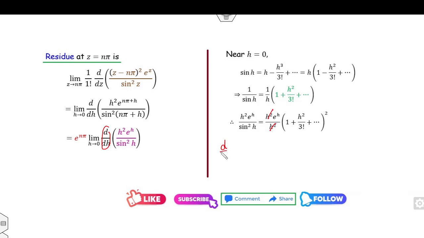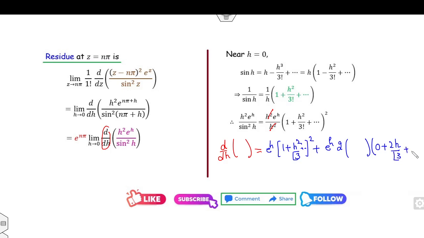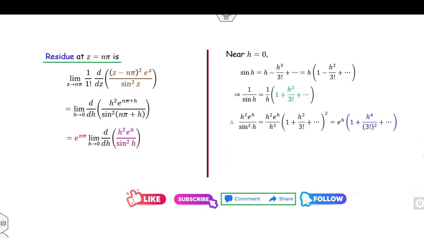Can you find the derivative of the function? I can use the product rule: first function e raised to power h as such, times the series, plus e raised to power h times the derivative of this part, which is 0 plus 2h over 3 factorial and so on.